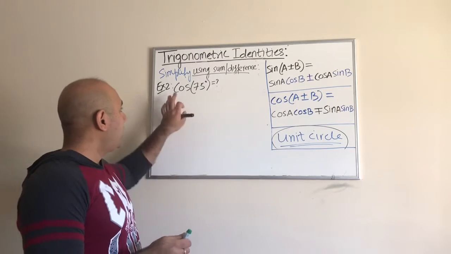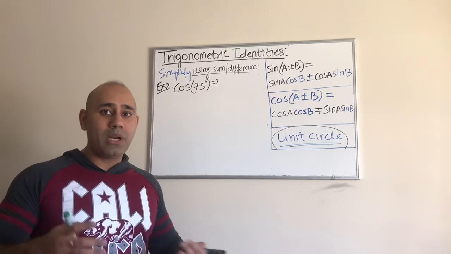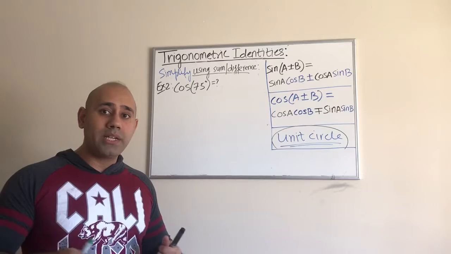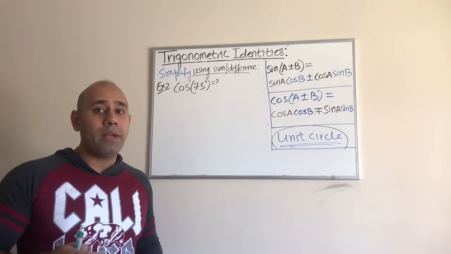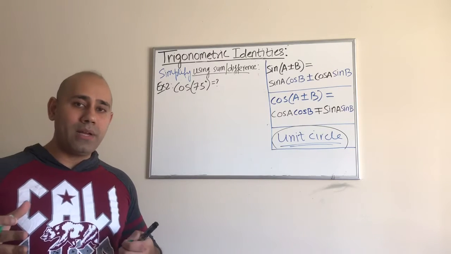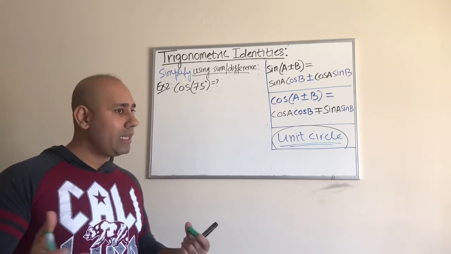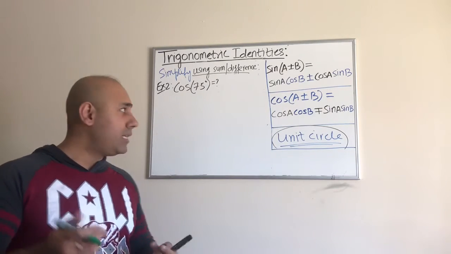So to get this as the difference, again, you have to look at the unit circle and you have to come up with two angles that are on the unit circle and whose difference or whose sum is 75, okay? So what comes to my mind here is breaking 75 as the sum of two angles, and I think we can come up with those two angles from 0 to 90 here.